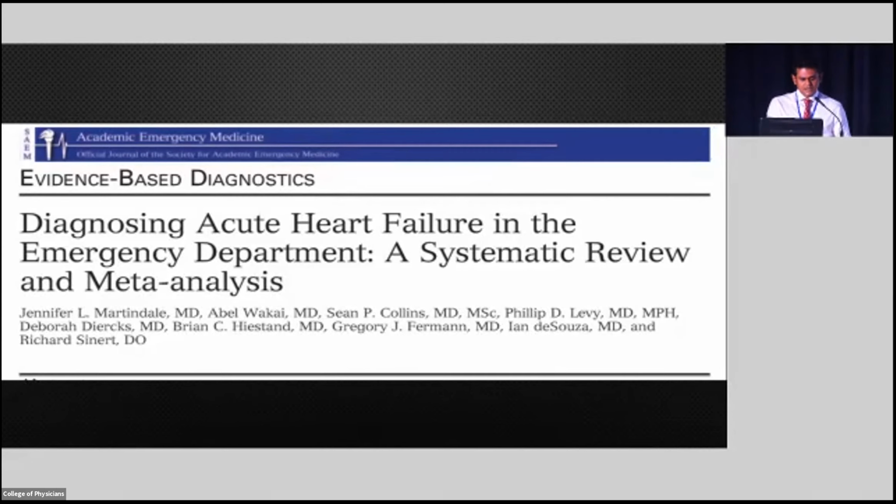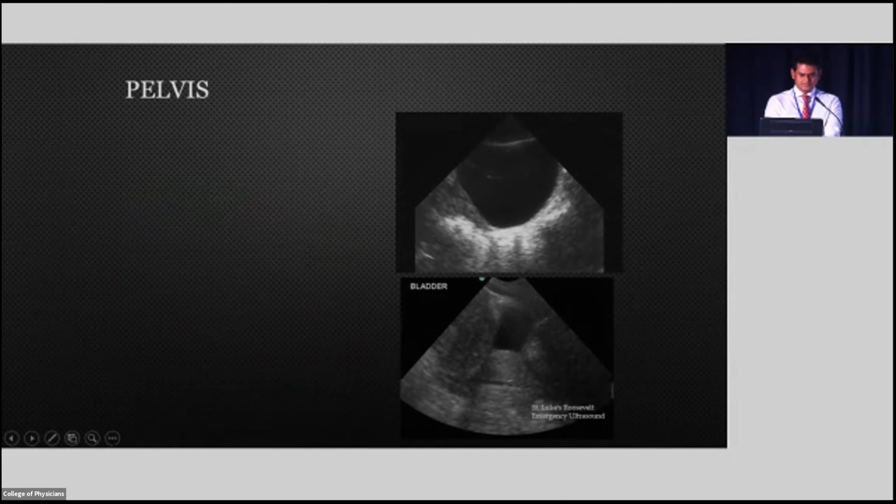Again, on the left side, you see the spleen and the kidney, so whether there's fluid in between the spleen and the kidney. Pelvis, again, pelvic free fluid, and you can sometimes mistake it for the bladder. Sometimes you might see the catheter bulb in the bladder.